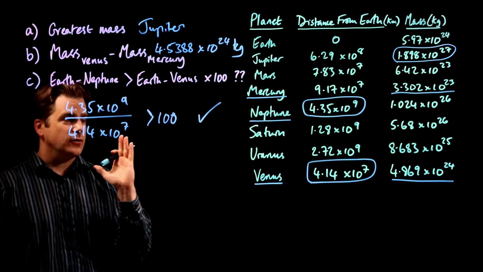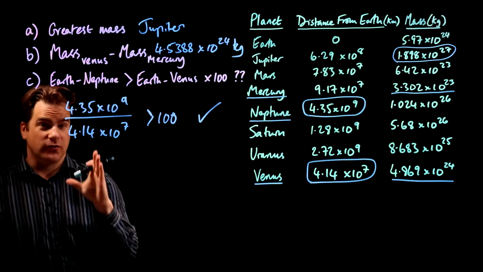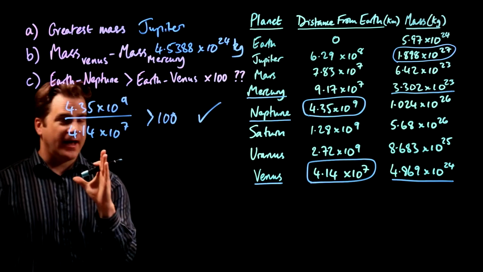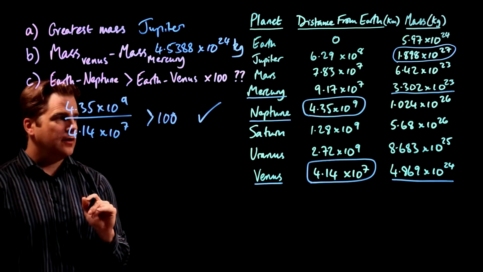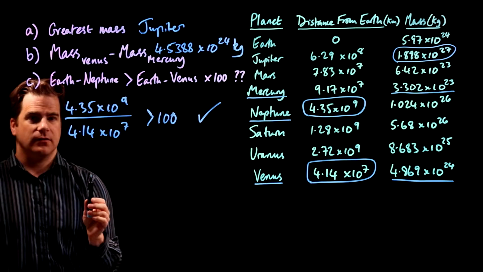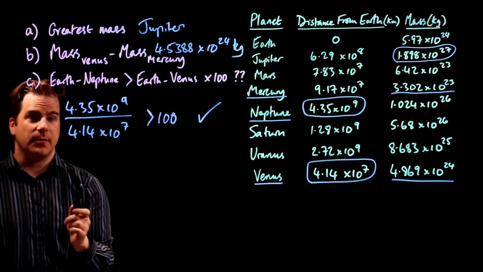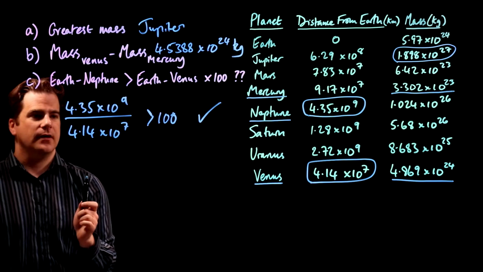So, you could do that. You could stick that into your calculator. However, because I want you to be an excellent mathematician, that's not necessary. You can write that down, but just by looking at this, you can tell straight away that it's going to be bigger than 100. Without putting it into your calculator.